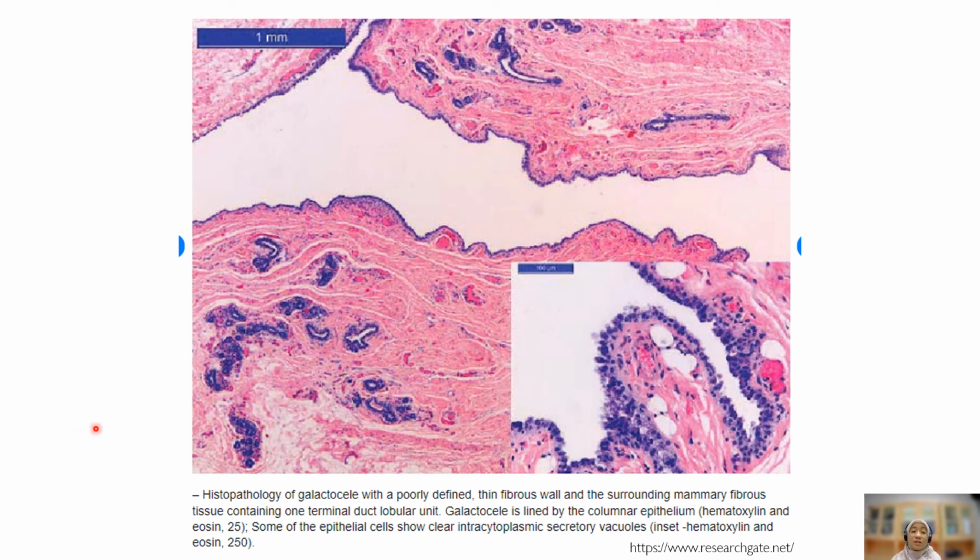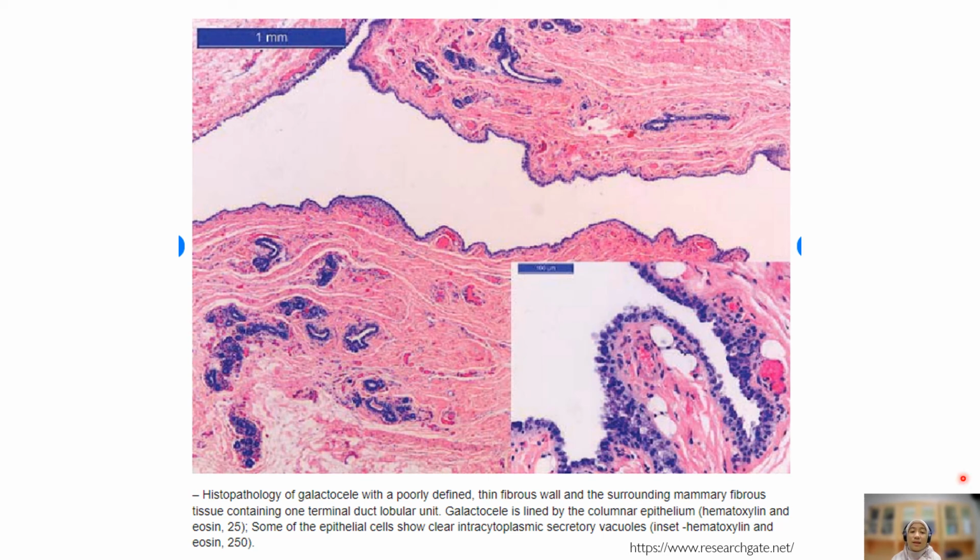This is the microscopic specimen from an intact galactocele without any rupture. We can appreciate the glandular structure with dilated, elongated, and sometimes anastomosing glands. It looks enormous compared to the normal mammary glands over here.